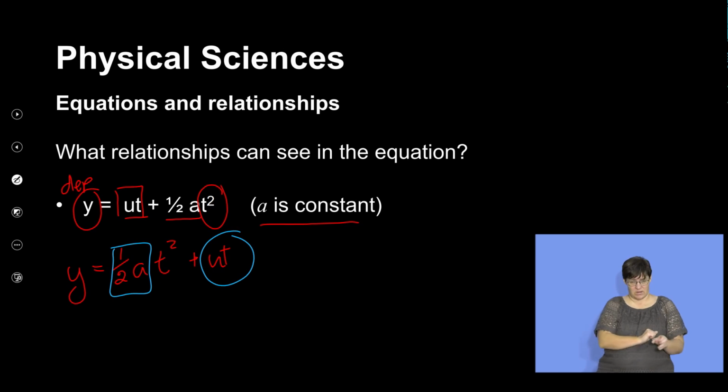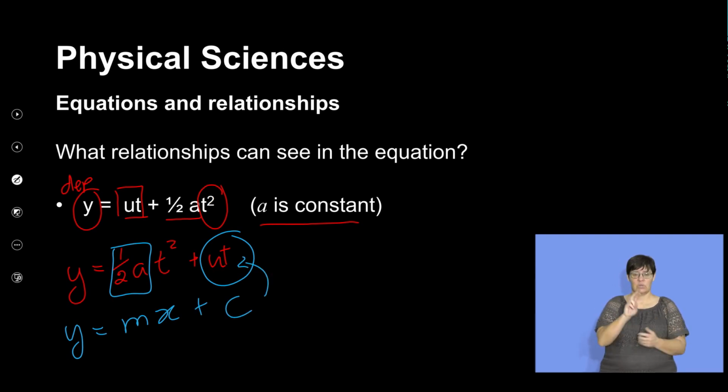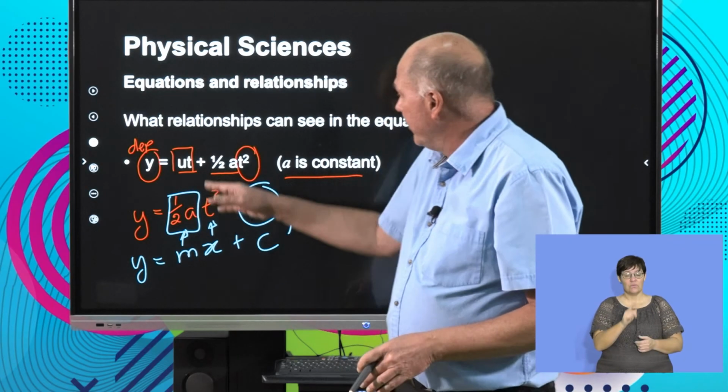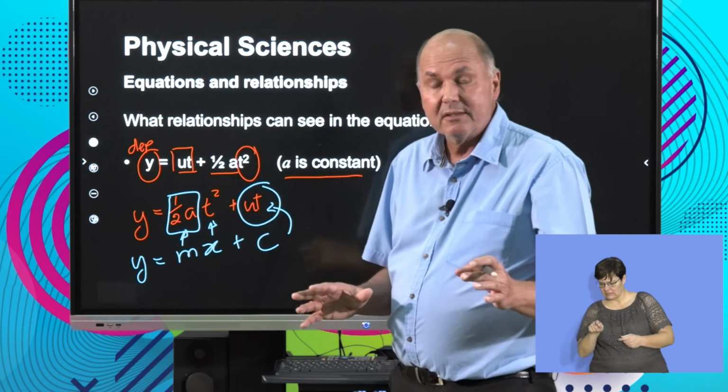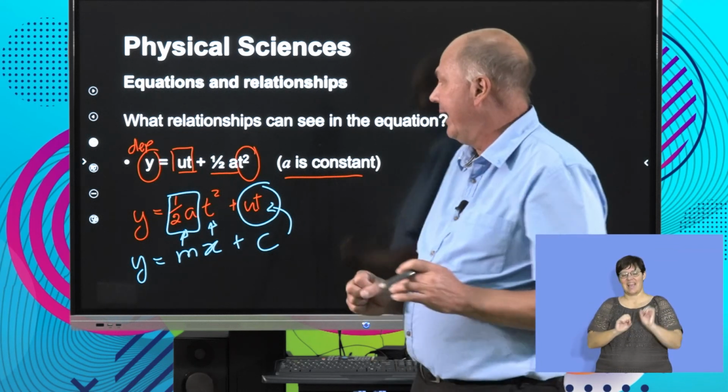So if we were to write y equals mx plus c, then the c corresponds to the ut, the half a corresponds to the m, and the x corresponds to the t squared. So here we've got a very interesting relationship. Even though we've got t in two parts, we need to understand that we can simplify it a little bit.